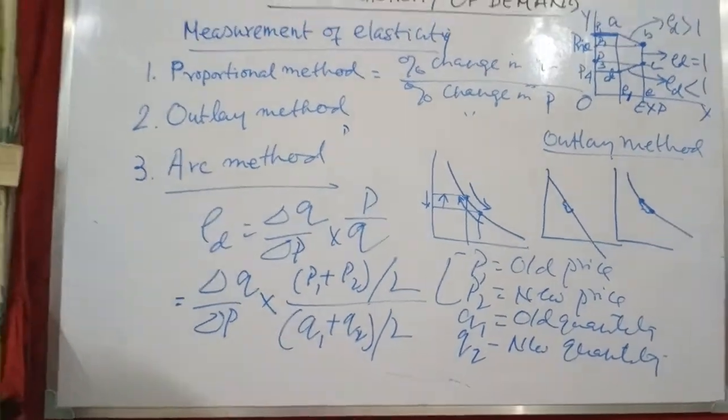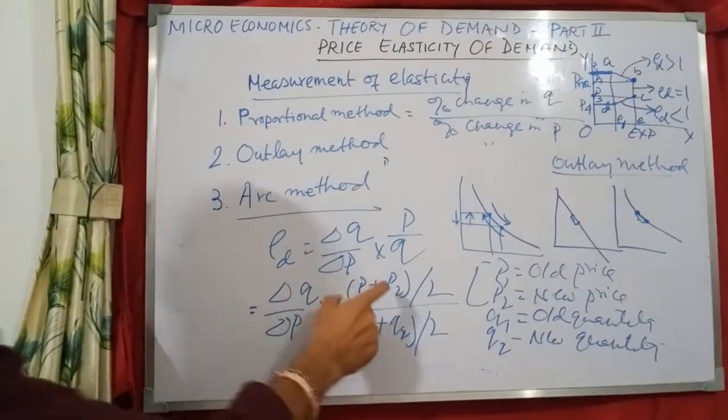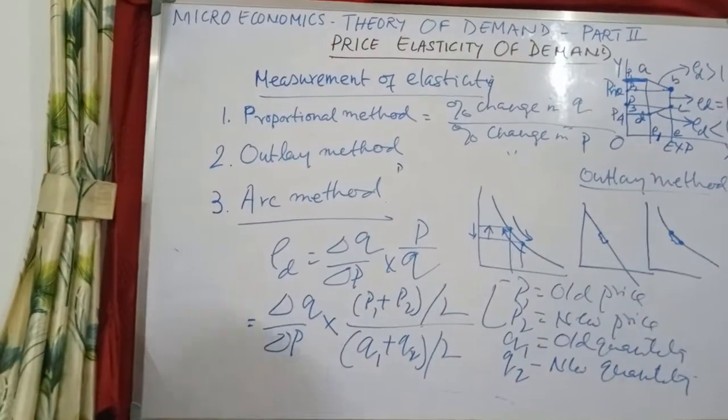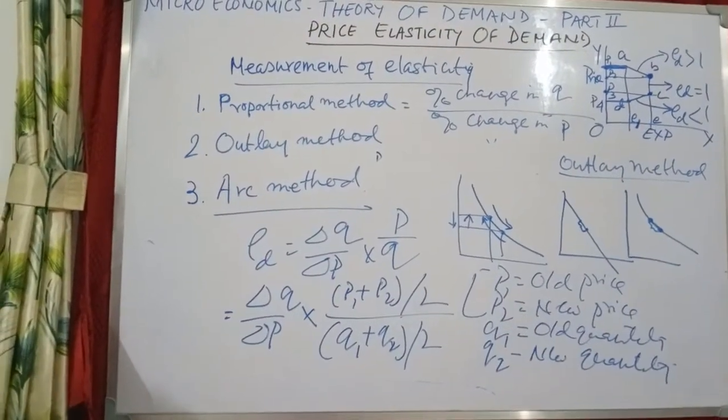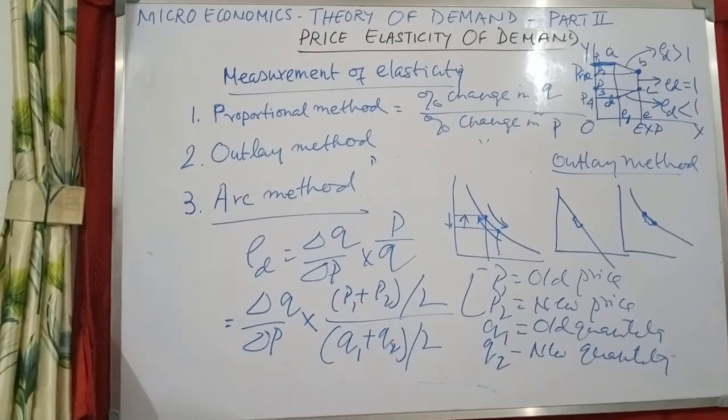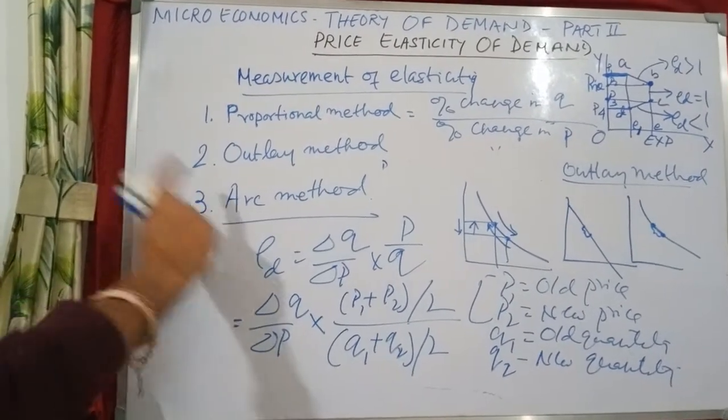So we simply take the average of the prices and the quantities, nothing else, and we find out elasticity under the arc method.